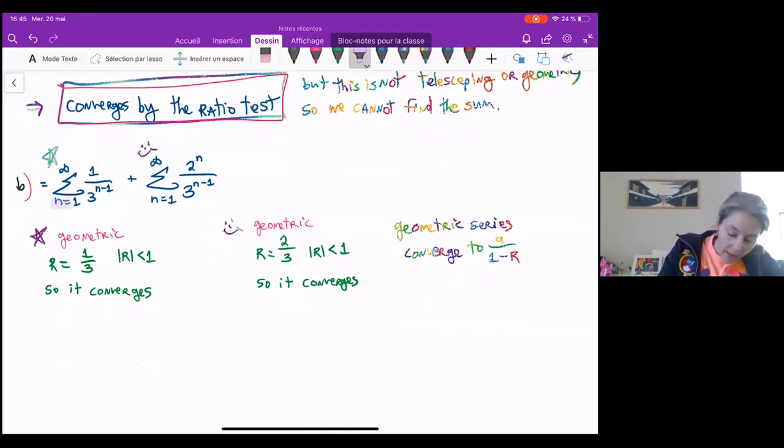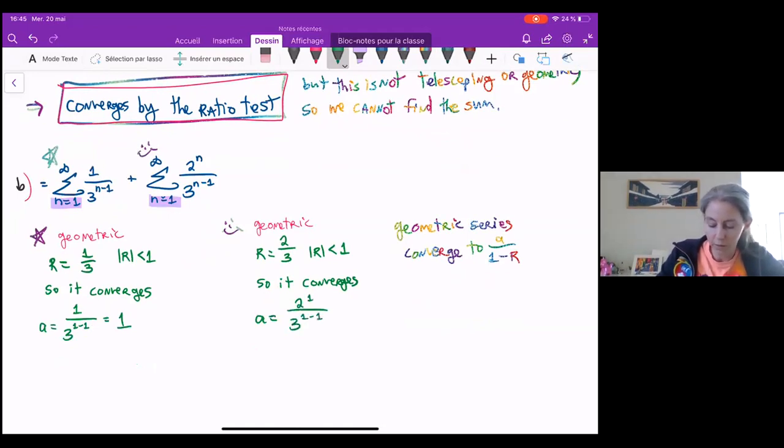Exactly. I'm going to plug in n equals 1. So a over here will equal 1 over 3 to the 1 minus 1, which is just 1. And a over here will be 2 to the 1 over 3 to the 1 minus 1, which is just 2.